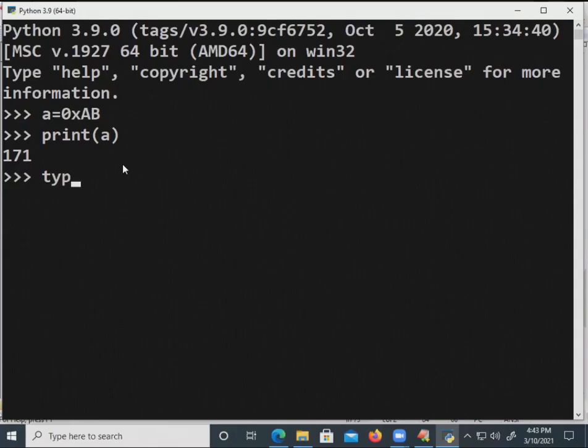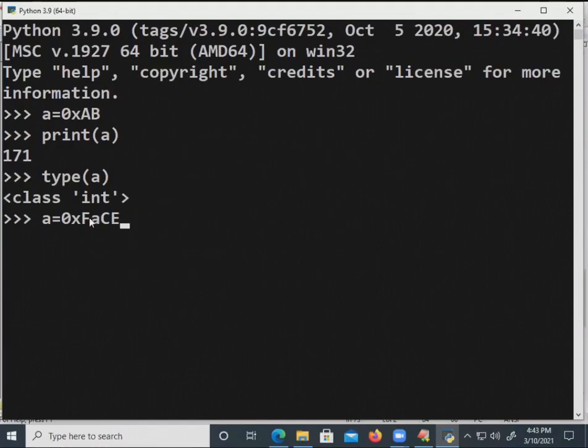And type of a is what? Class int only. That means the int data type allows us to store hexadecimal data too. Yesterday in class I said one more point, with a small interval-based question: 0xFACE, some letters small and some capital.